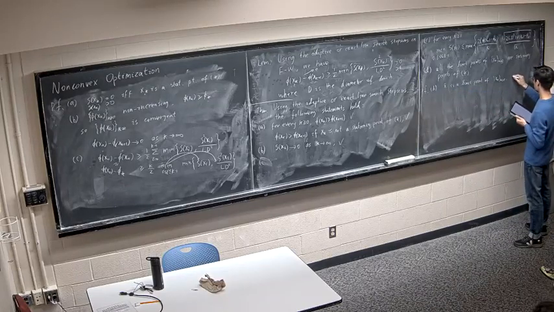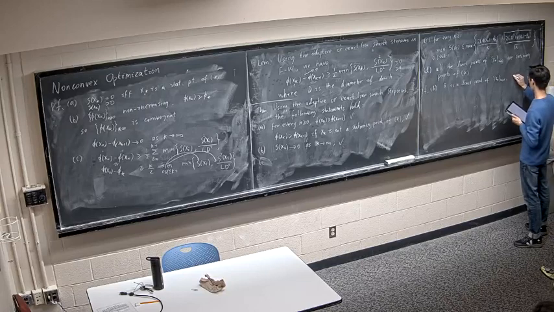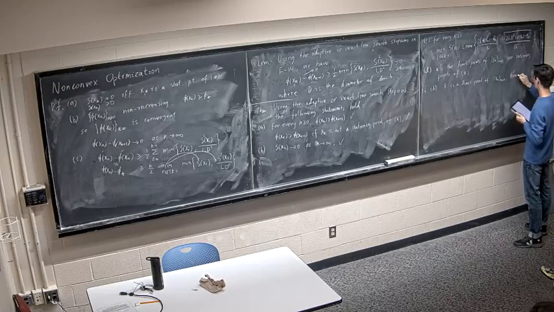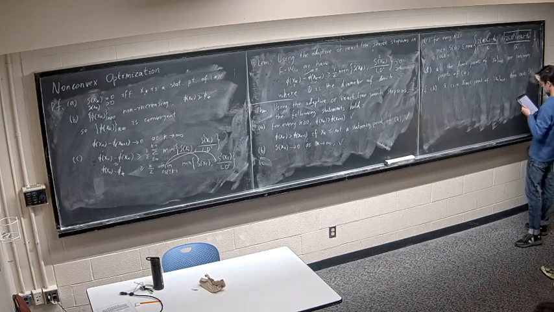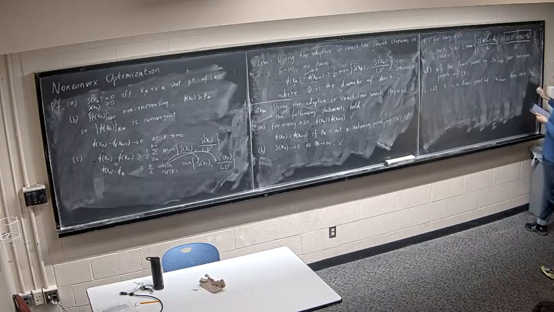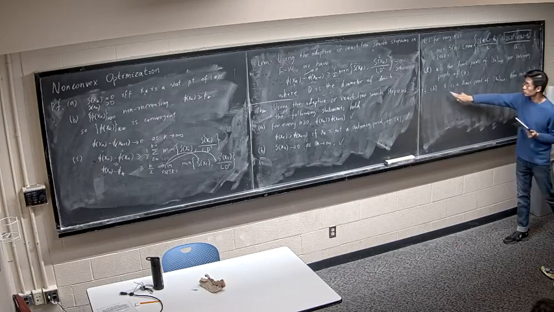So let's assume the subsequence to be x kj. This is the subsequence x sub k sub j, x kj, that is converging to x bar.